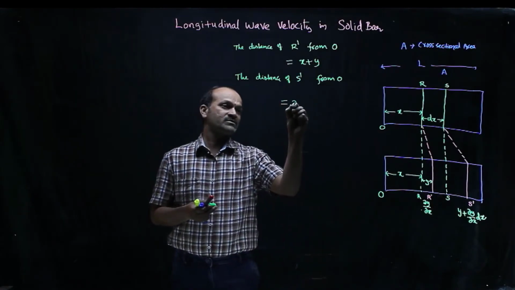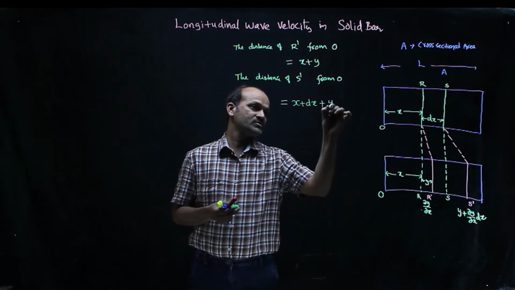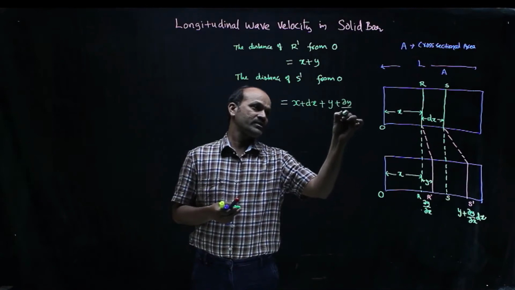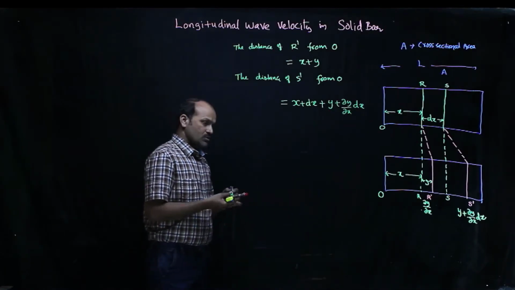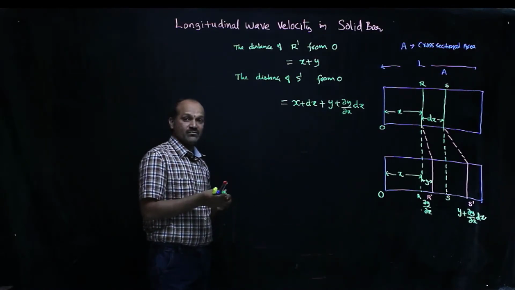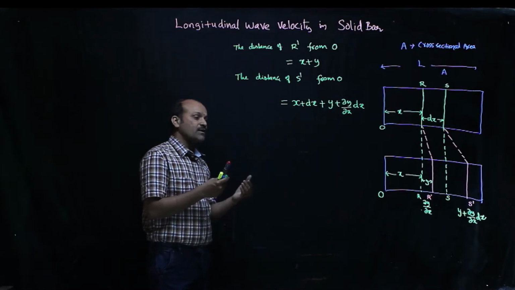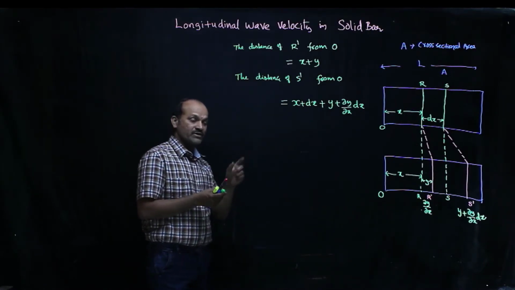So x plus dx plus the remaining part, y plus dou y by dou x into dx. Now from this, because we know R dash and S dash distances from O, we can calculate the width or length of R dash S dash.